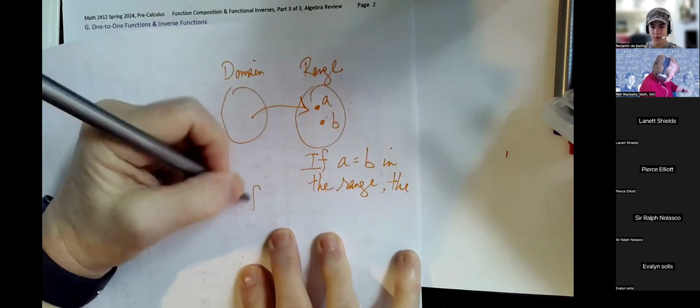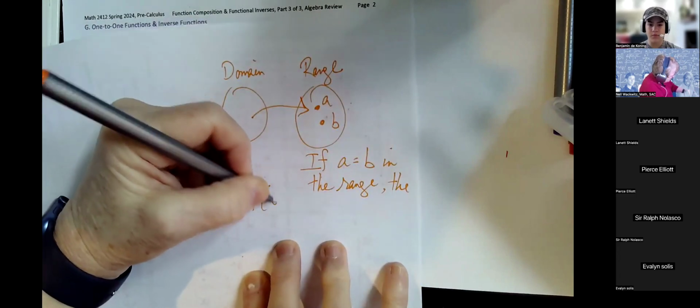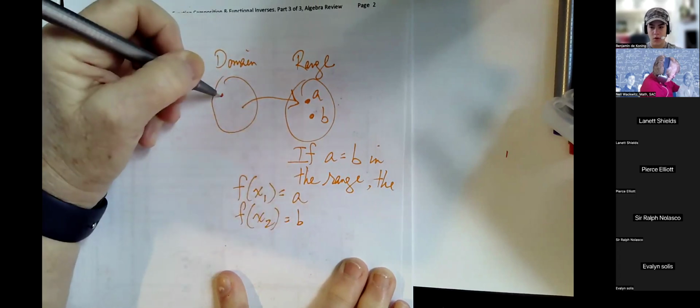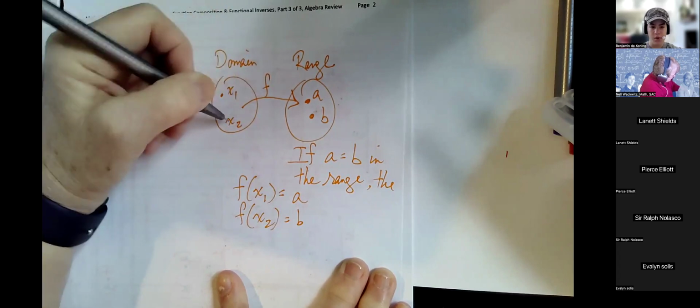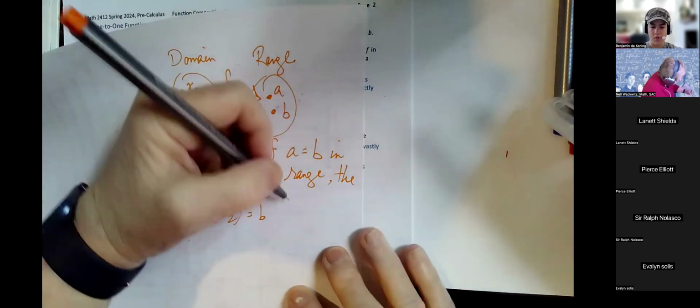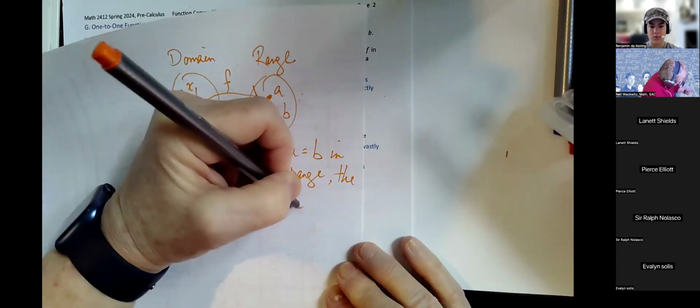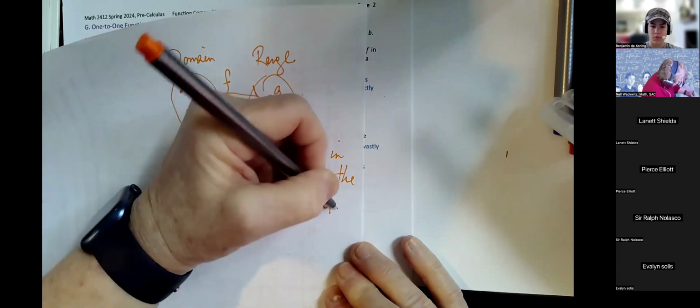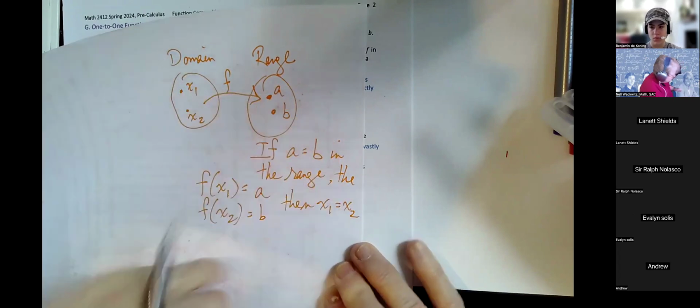So if f of x1 is A and f of x2 is B, this is f, and A and B are the same, then x1 and x2 have to be the same.